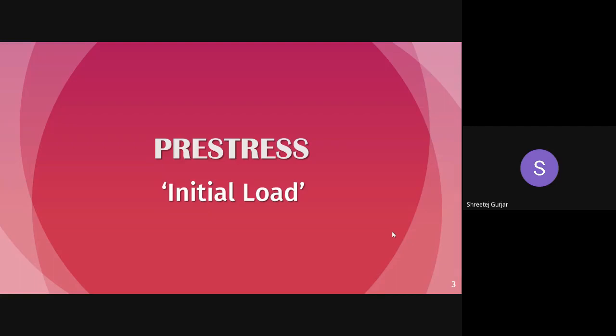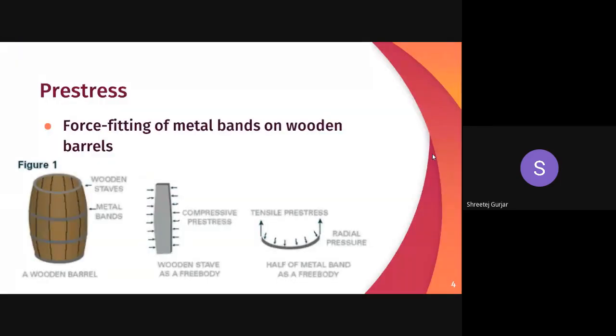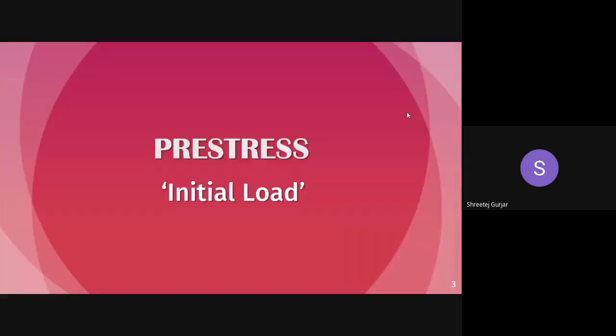Before the element is actually put into service, we initially put some load onto it, or we initially stress it. We pre-stress the element before it is put into service. Remember that pre-stress means we initially load or stress the element before it is actually put into service. That is what is meant by pre-stress.